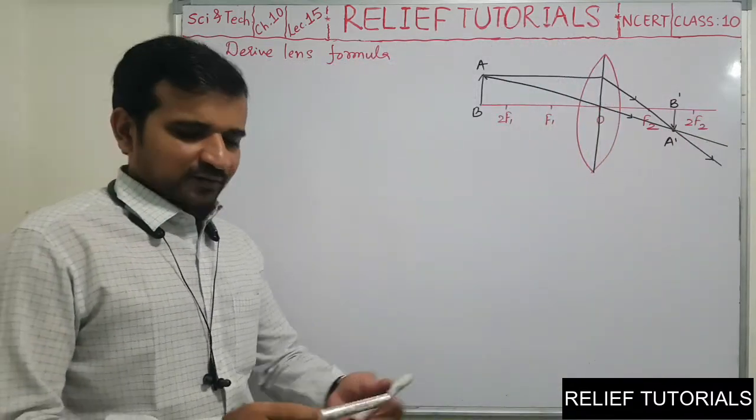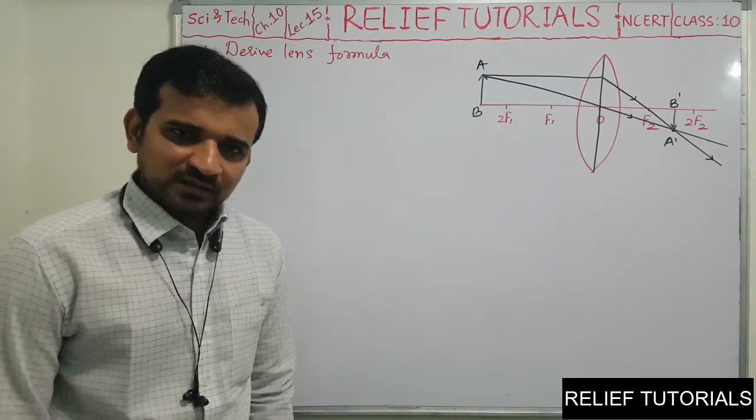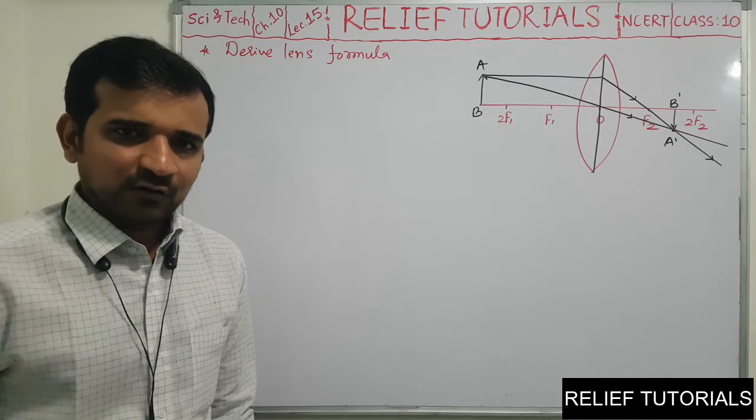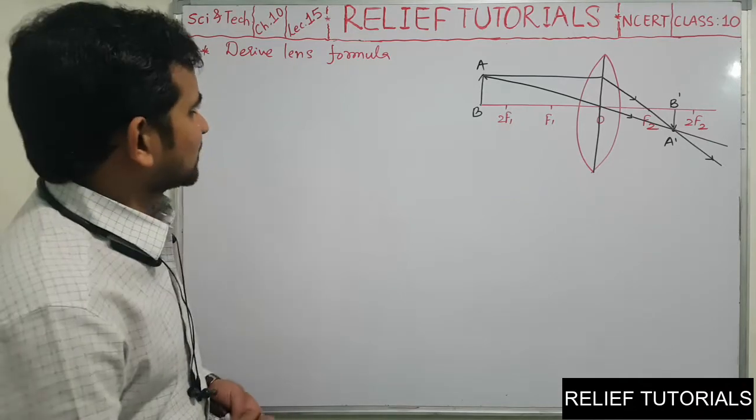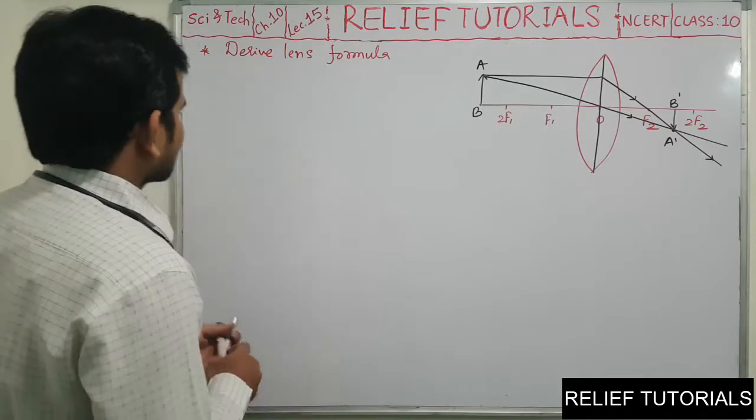If you remember the definition of the mirror formula, the relation between object distance, image distance and focal length of mirrors is called the mirror formula. Here in the lens, it is the same definition.